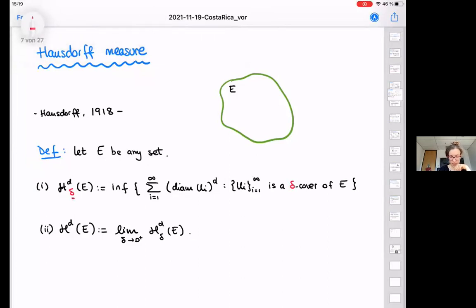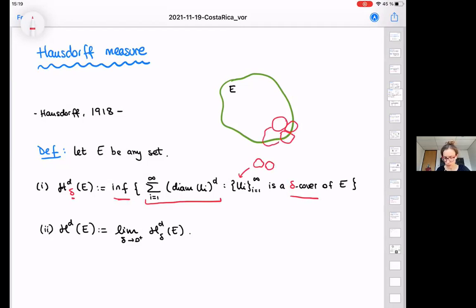For some delta, which usually is small, we are looking at the infimum of the quantity that we can write like this. Let us have a look at what this is. We are looking at what's called a delta covering of the set. All these U_i are small sets, and they are going to cover the space.